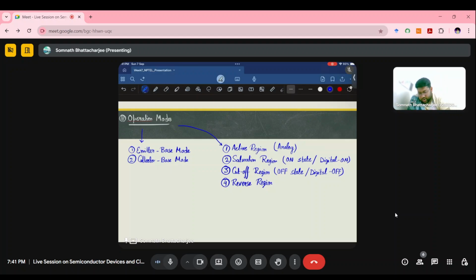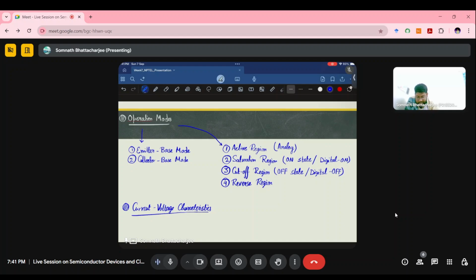So based on these different operation modes, as in the videos as well, we have achieved the current voltage characteristics, and these characteristics are very similar to a PN junction diode.